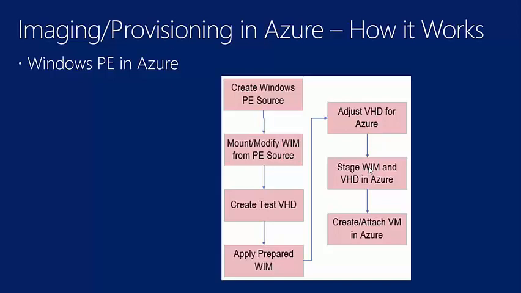Let me be clear about one thing. Hopefully it's clear already, but if not. I mentioned WIM a couple of times. Here's an instance of where I mentioned WIM, right? In that case, the WIM that we're mounting and modifying is coming directly from the Windows PE source, right? It's there as a part of when PE boots, it will load the WIM down onto the drive, and that's what will be the running operating system, right?